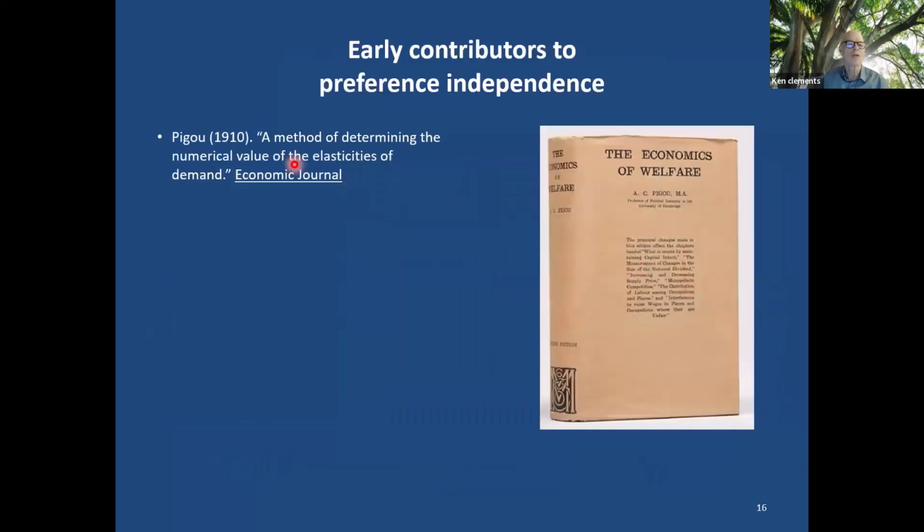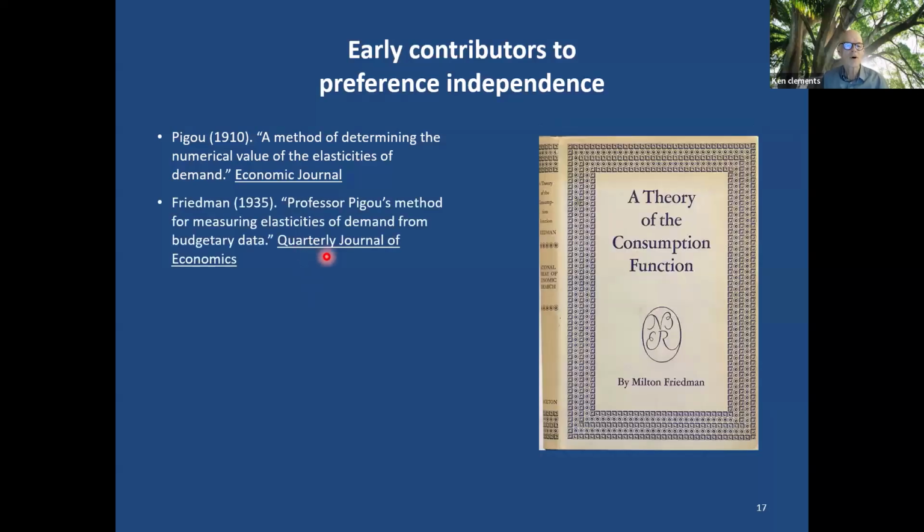Here's Pigou's original article, and Pigou, of course, was famous for the economics of welfare, where he highlighted the distinction between private and social costs and taxes and subsidies to bring those two costs into line. Milton Friedman wrote a comment on Pigou's article.